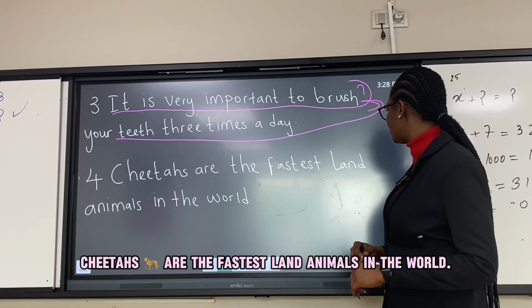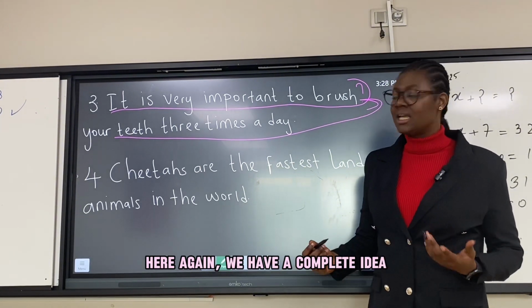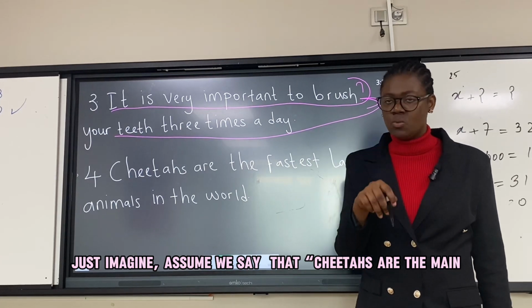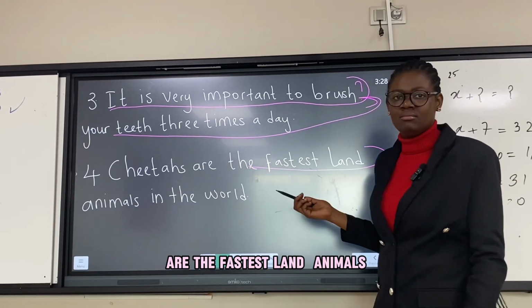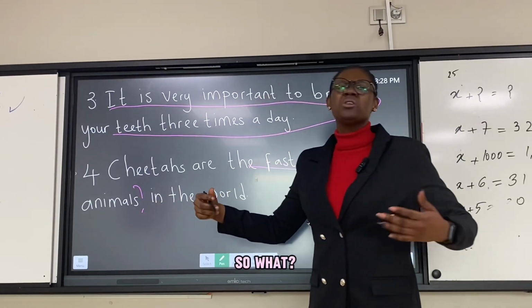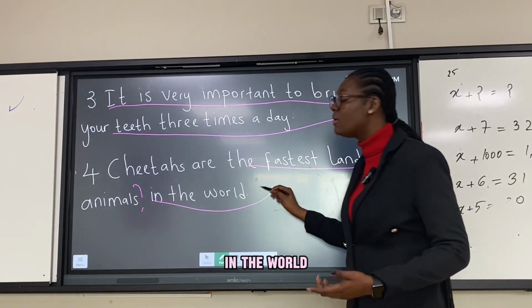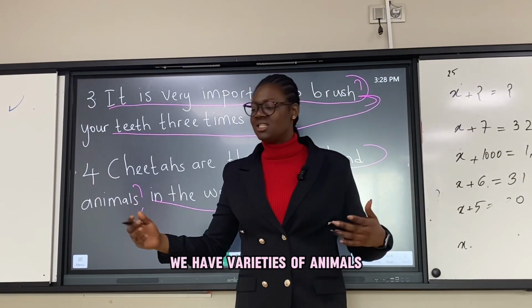"Cheetahs are the fastest land animals in the world." Here again, we have a complete idea. That is why we call it a main clause. Just imagine we say, "Cheetahs are the fastest land animals." So what? You need to compare it to express a complete thought: in the world. In the world, we have different types of animals, varieties of animals.